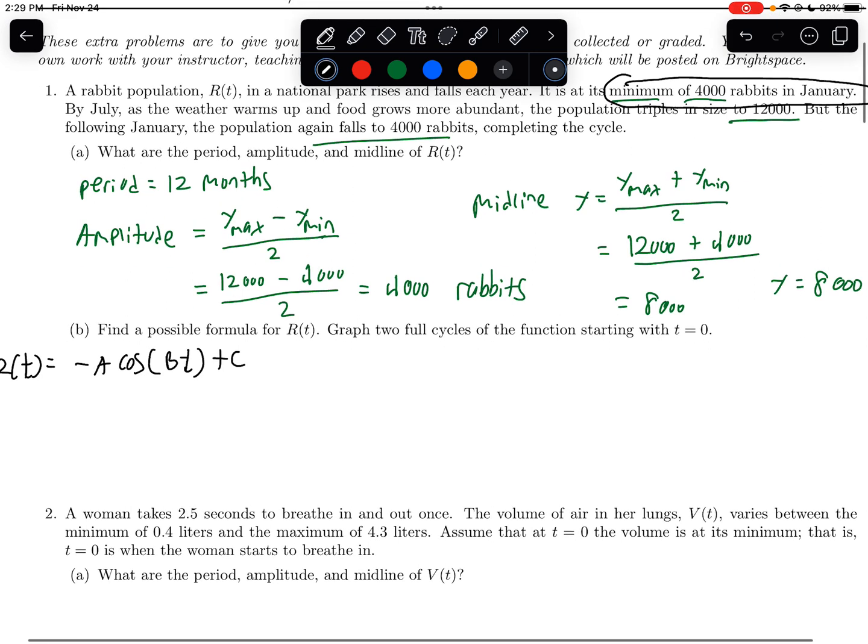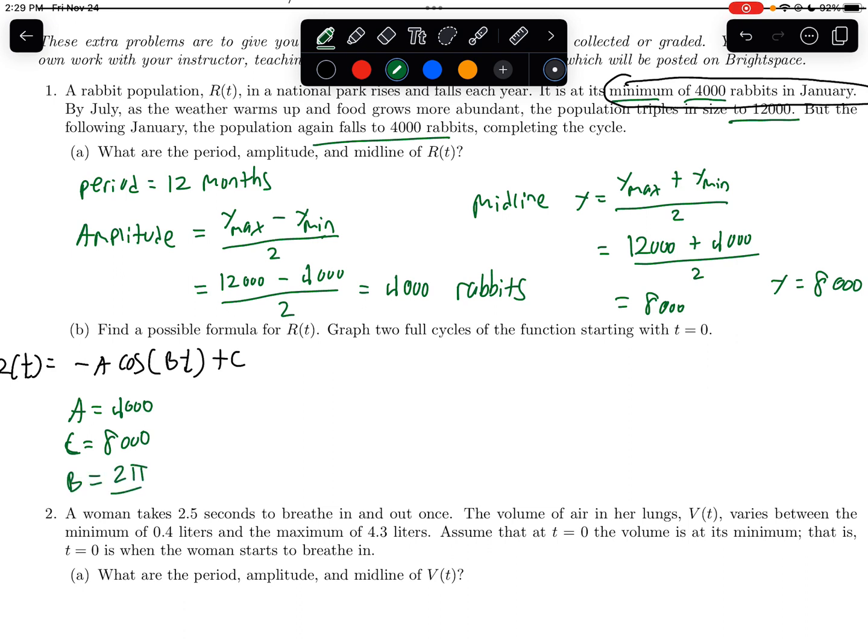And a is the amplitude we just found above, that's 4,000. C is the midline value, and that's 8,000. And b is defined as 2 pi over the period, and the period is 12, so this is pi over 6.